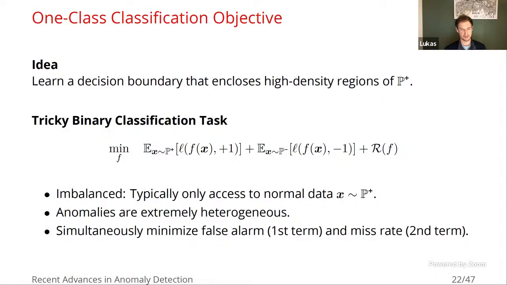And we can think of it conceptually as a very tricky binary classification task. So here, the standard binary classification risk, but we usually don't have any samples of the negative class, so of our anomalies, which is why we require some specific regularization or additional learning objective to minimize the miss rate.